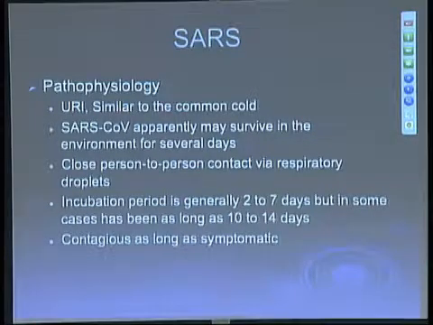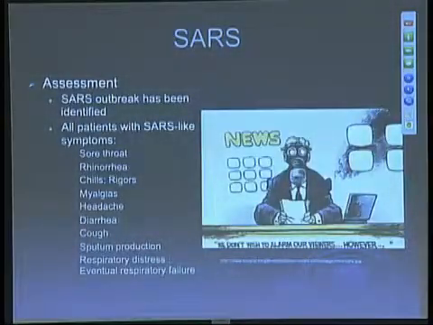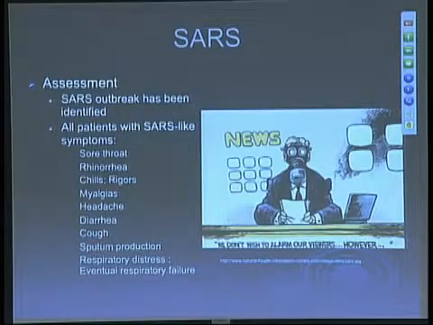Now, SARS has, I think, an adjusted mortality rate of about 30 to 35%. So that's pretty big. So, when do you worry about it? You worry about it when we say there's a SARS outbreak identified. So if you're the first person or the fifth person, you're probably screwed, because you have to identify there's an outbreak.